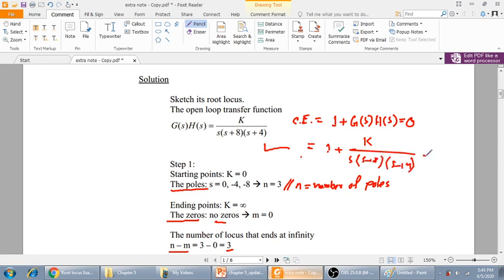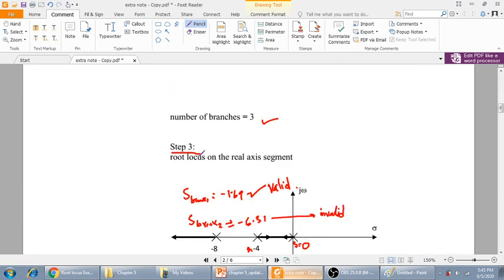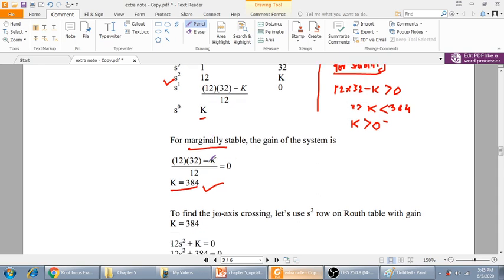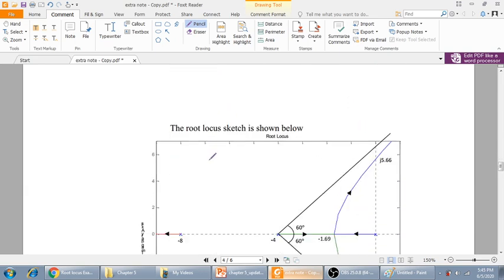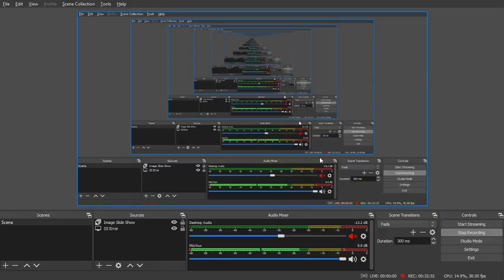You can even calculate the characteristic equation. Then you follow each step until step 6. Then finally you do the sketching. Okay, that's all. Thank you so much.